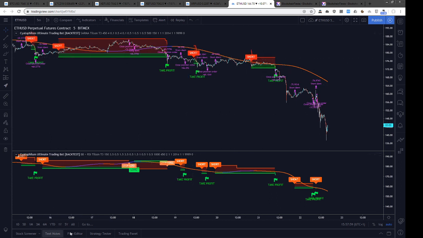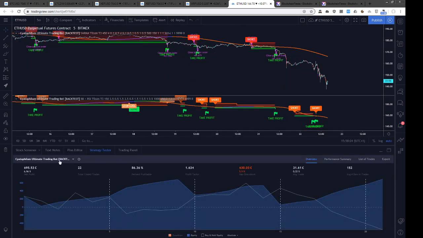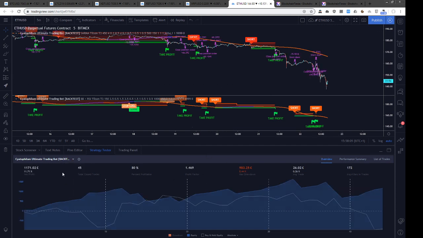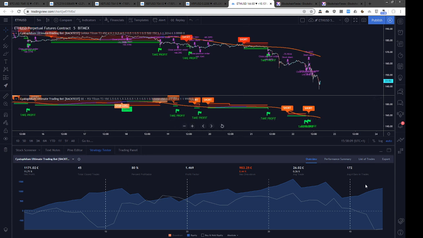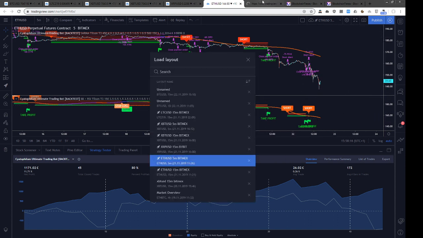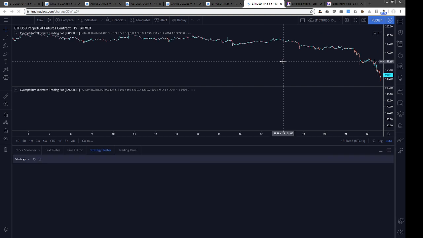We can also have two configurations. The first one is looking like this, and the second one is another configuration with a little bit more trades, but not the best configuration, I would say, because in 15 minutes we get this.